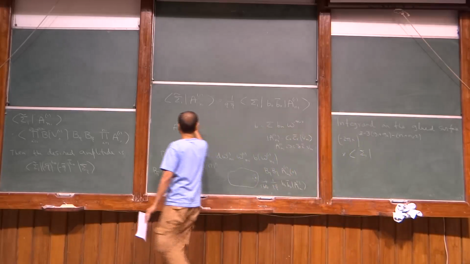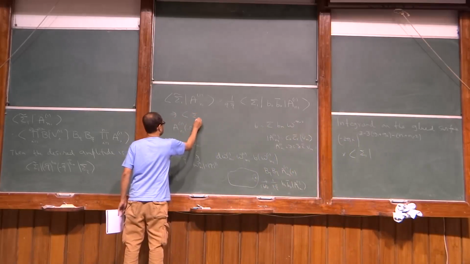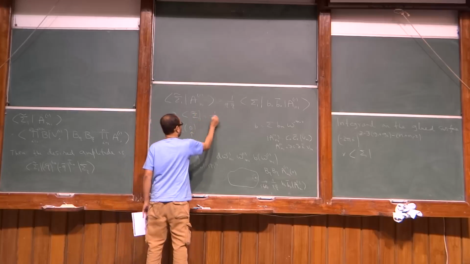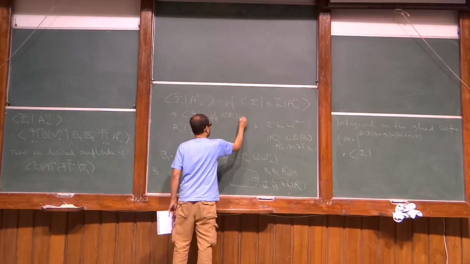Okay, so this implies also that sigma 1 tilde, which is 1 over q bar sigma 1, is equal to 0.